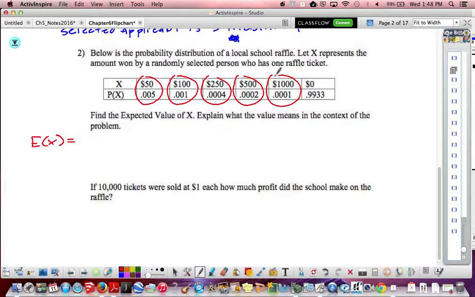Why do you think I did not circle the last one? Because then it would turn into 0. Anytime I multiply by 0, it's 0. So no need to write that one.